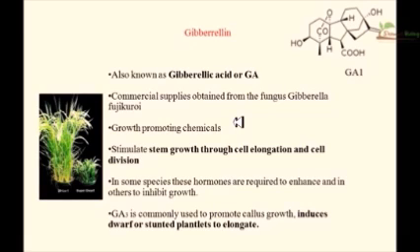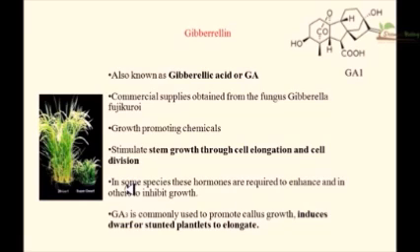In some species, these hormones are required to enhance growth, in others, they help to inhibit it. Now gibberellic acid 3 or GA3 is commonly used to promote callus growth in many kinds of plant tissues, and it induces dwarf or stunted plants to elongate. For example, without the gibberellic acid, the tree will be dwarf like this, but after addition of gibberellic acid in a particular amount, the tree will reach its desired height and length.